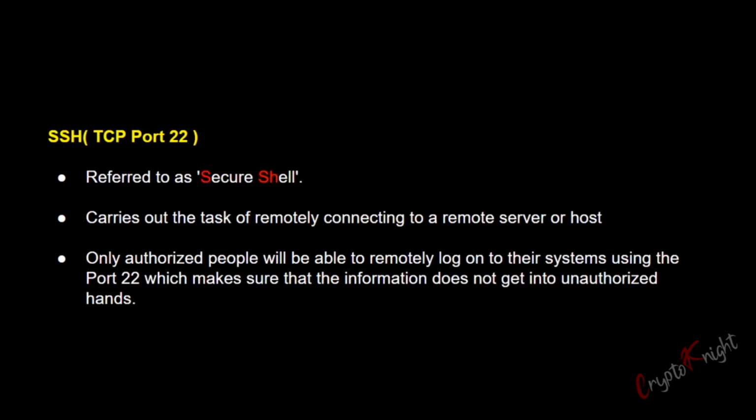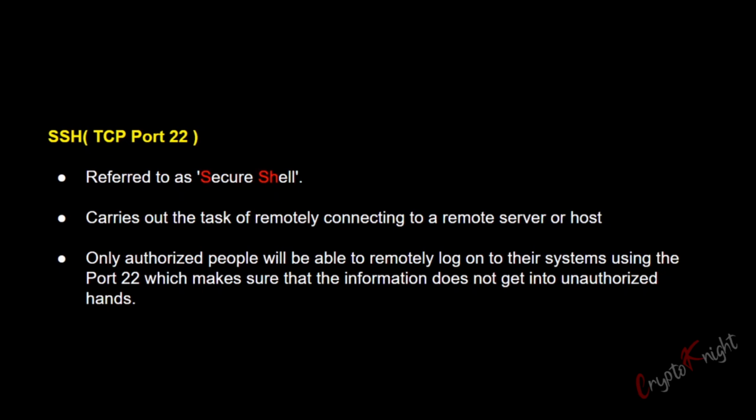Next comes SSH. It runs on TCP port 22. It is referred to as Secure Shell. It carries out the task of remotely connecting to a remote server or host. Only authorized people will be able to remotely log on to this system using port number 22, which makes sure that the information does not get into unauthorized hands.